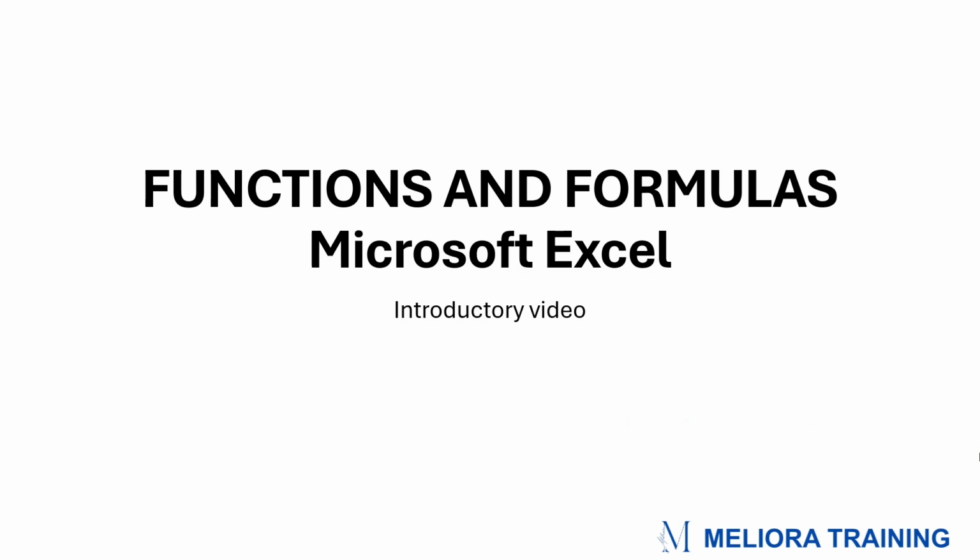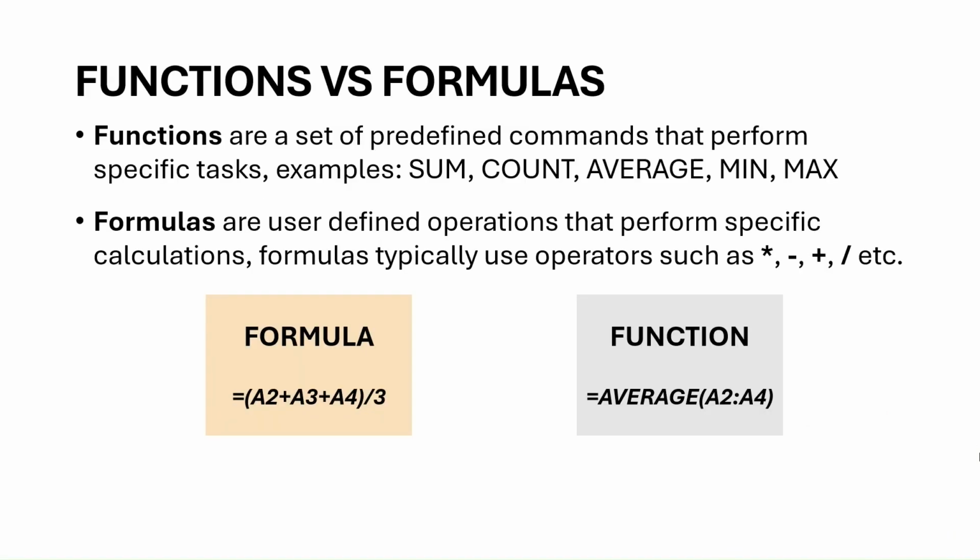Okay, welcome back. In this lecture, we're going to be looking at functions and formulas in Microsoft Excel. So, what is a function as opposed to a formula? Functions are a set of predefined commands that perform specific tasks.